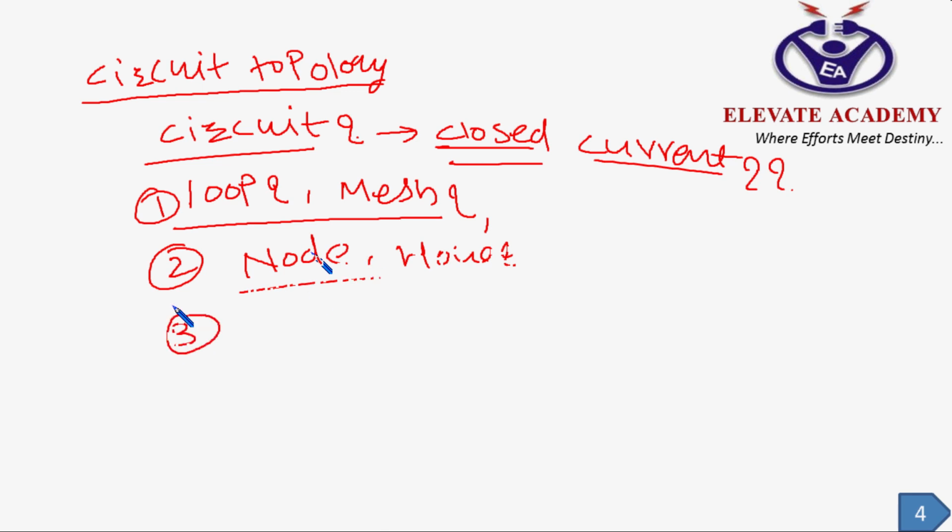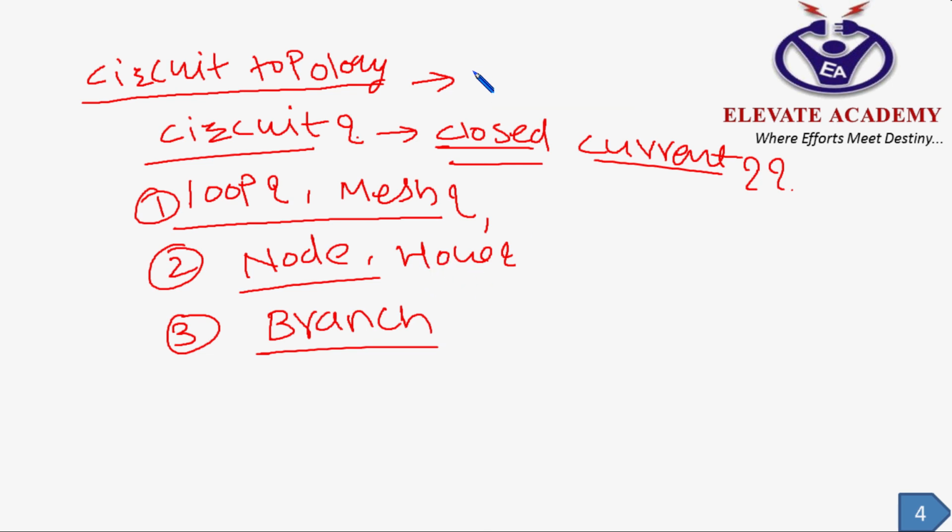Then the third part, you must know what is meant by branch, हे तुम्हाला माहिती पाहिजे. यावर definitely in this circuit topology JEE exam ला definitely there will be 1 or 2 questions may come for this circuit topology.